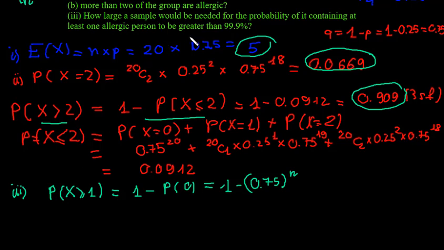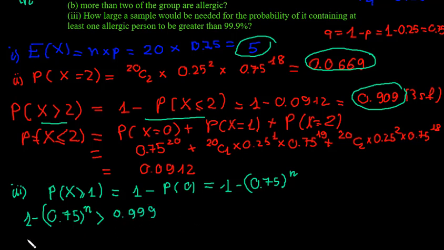Now, because they say this probability is greater than 99.9%, we have 1 minus 0.75 to the power n greater than 0.999.